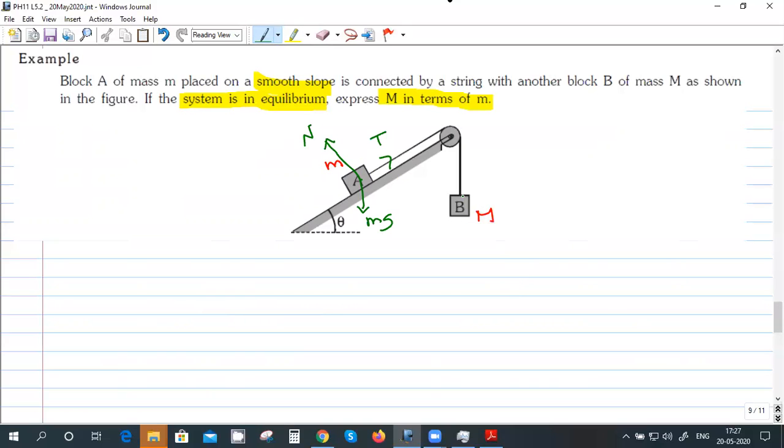Okay, and this tension is same here because the string is same, and the downward force is capital M into g. Okay, so from this block A, what is the value of T? mg sin theta. Yeah, always remember sin theta is along the plane.